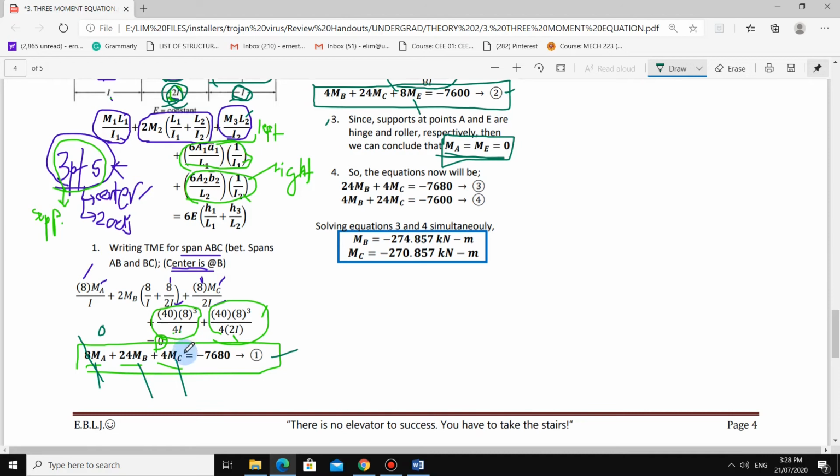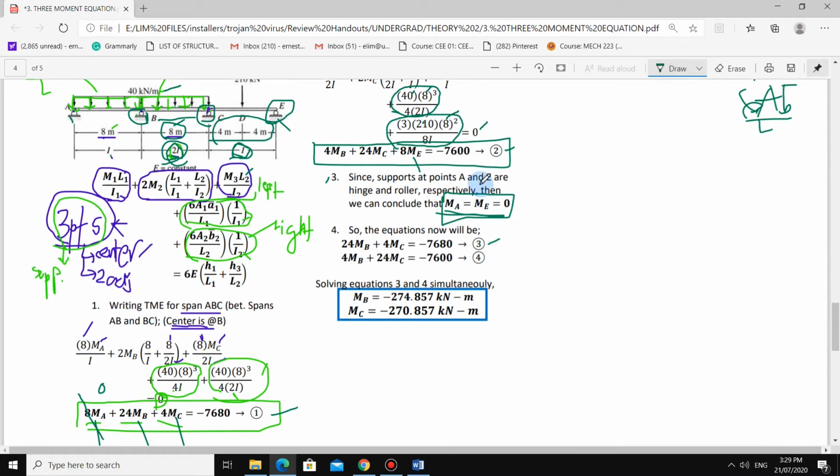Okay? So what remains now, guys, is 24 MB plus 4 MC is equal to negative 7,680. So we generate equation 3. Since ME is also 0, then we can cancel it out. So 0. So 4 MB plus 24 MC is equal to negative 7,600.